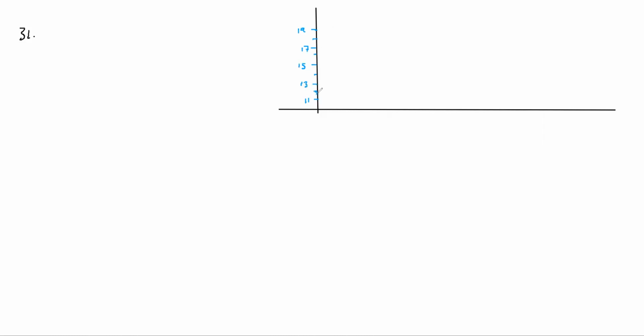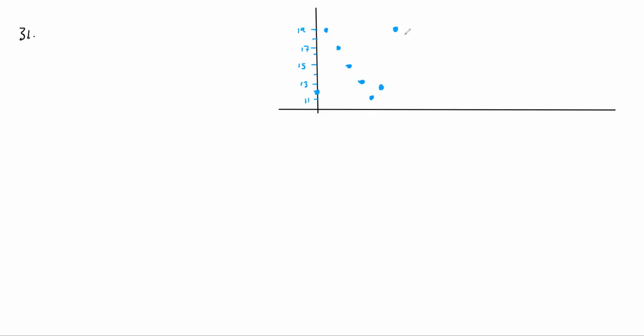So we start here at 14, and then 2 later we're at 19, and then 2 later we are at 17, 15, 13, 11, 14, 19, 18.